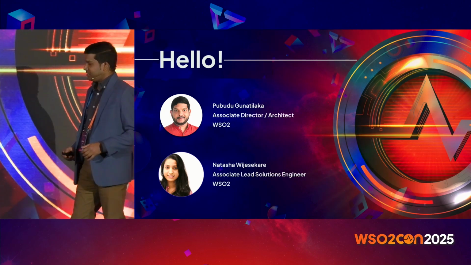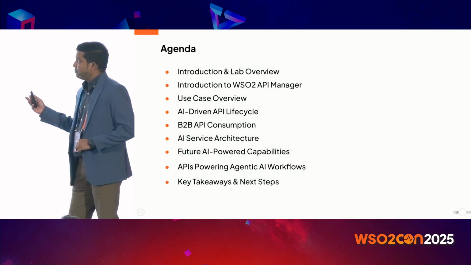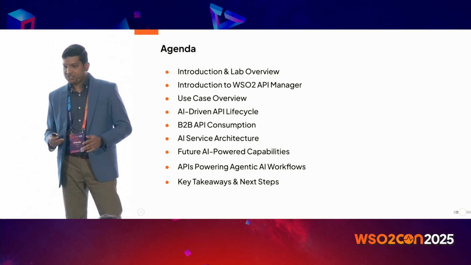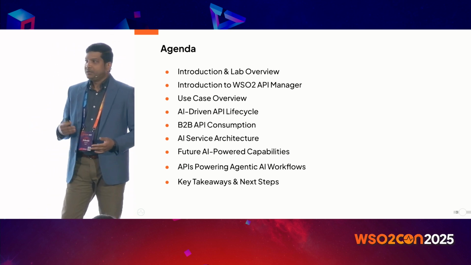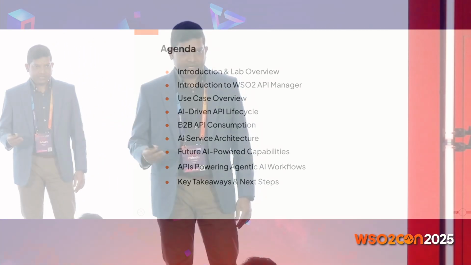So I'll skip this. Today's lineup is this. Basically, we'll have a quick intro into the lab session, what we're trying to cover from this lab session. And then we'll provide an intro into WSO2 API Manager.